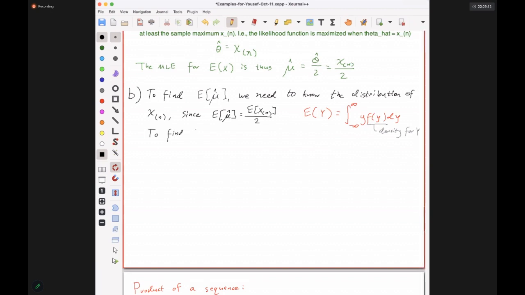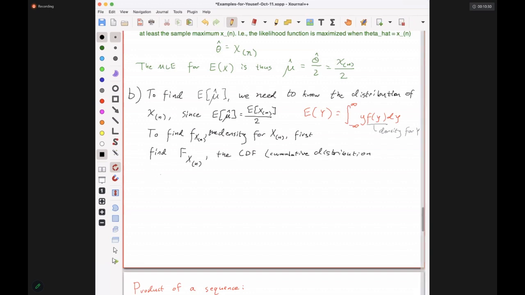So to find the density for x parentheses n, we first want to find large f x parentheses n, the CDF, or the cumulative distribution function of x parentheses n.